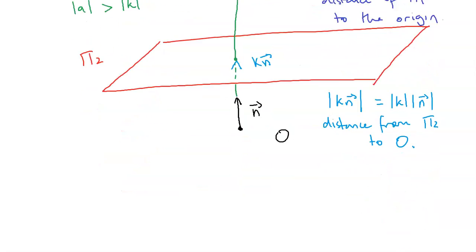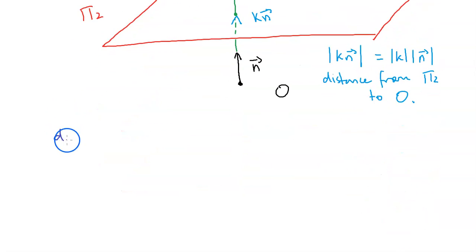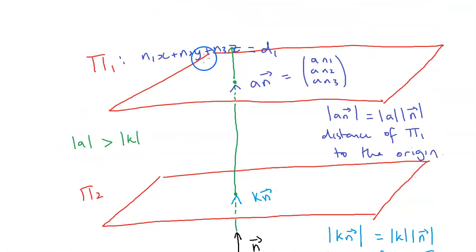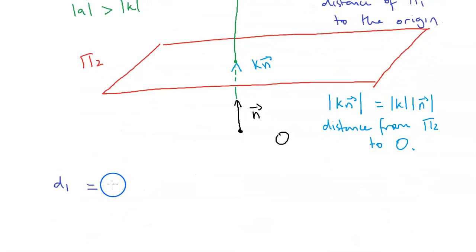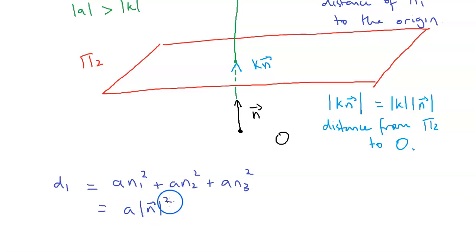And so we can quickly calculate d1, just by substituting into this equation here: d1 is equal to a times n1 squared plus a times n2 squared plus a times n3 squared, which is equal to a times the length of n squared.